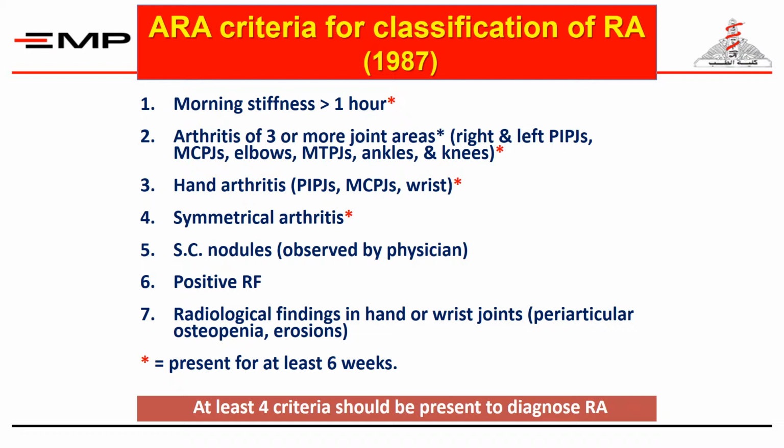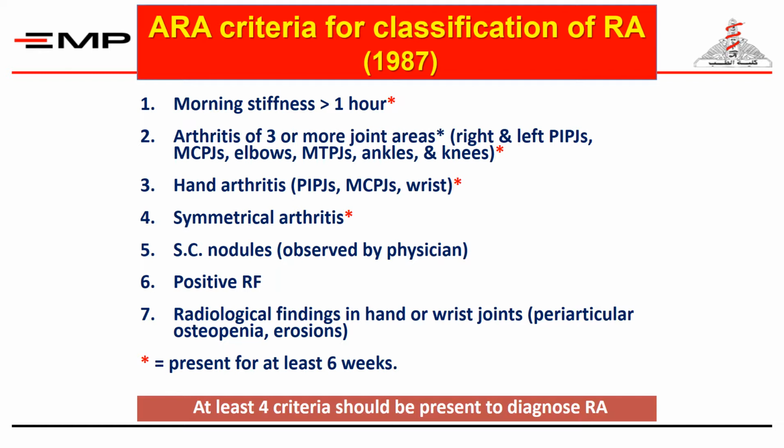Now, to diagnose rheumatoid arthritis as early as possible and as easy as possible also, the ARA, American Rheumatology Association, put criteria for classification of RA in 1987. It was 7 items for diagnosis.